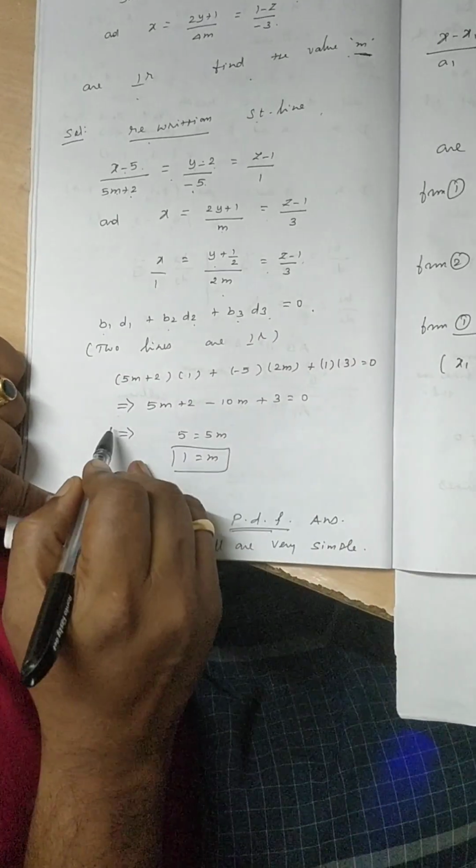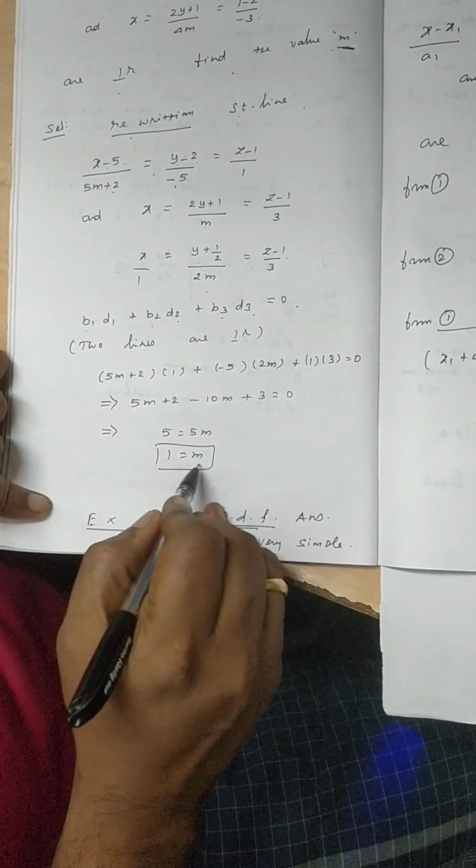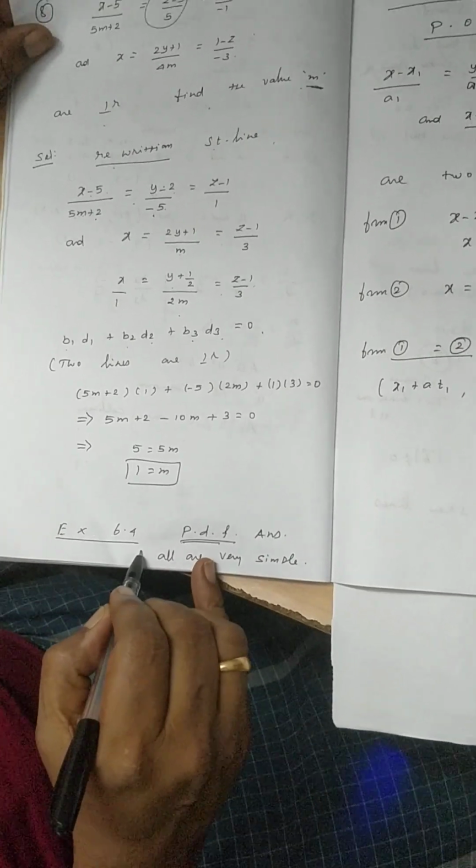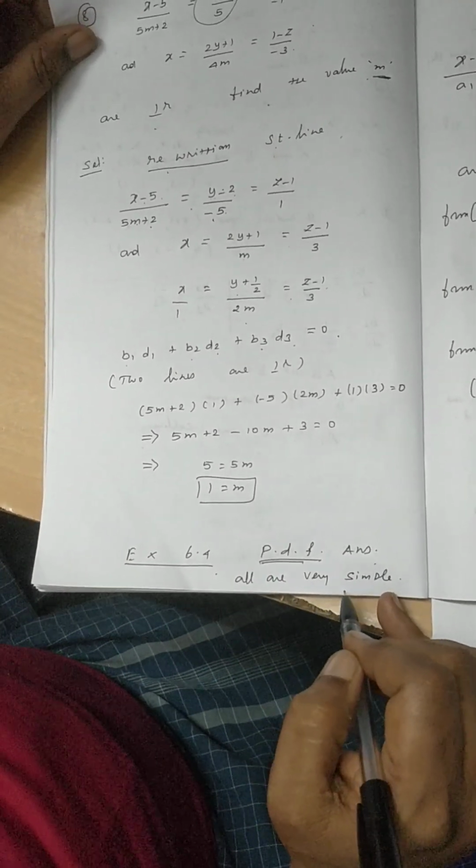Multiplying this out, 5m is equal to 5, so m equals 1. Enough. The PDF answer for exercise 6.4 is available. All are very simple.